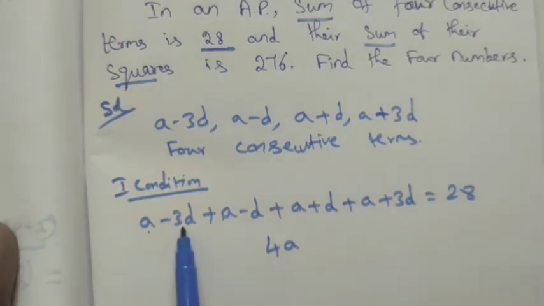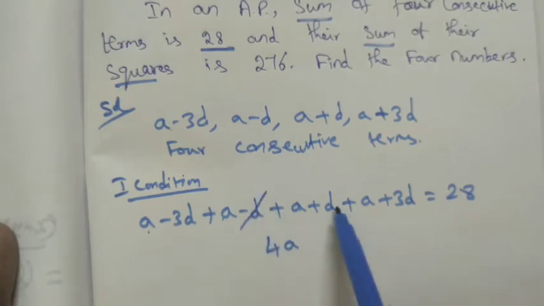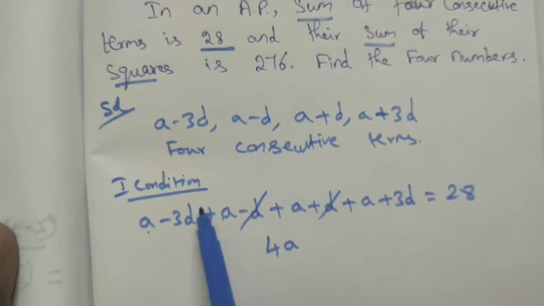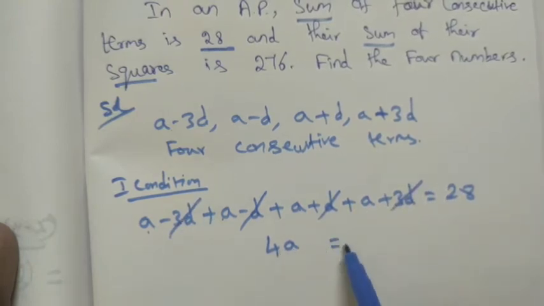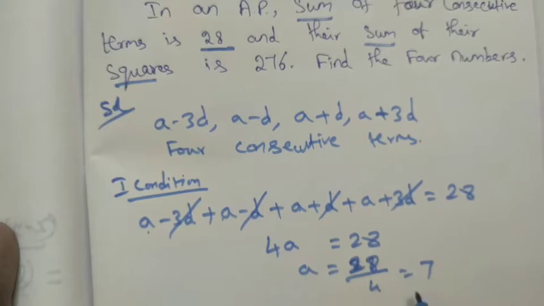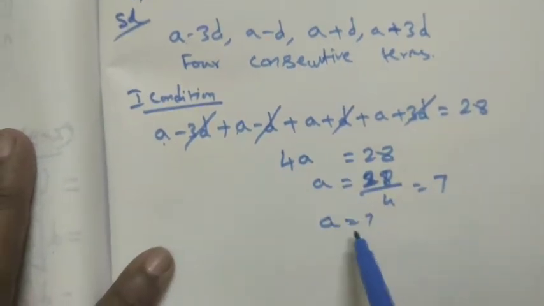And then d, here we have minus d, here we have plus d, so plus d and minus d cancel, and plus 3d and minus 3d cancel. So 4a is equal to 28. Then a is equal to 28 divided by 4, which is 7. So the a value is equal to 7.